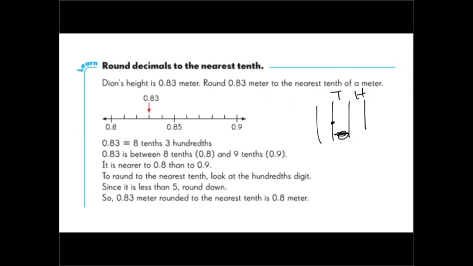We're going to round to the tenths place, so we need to look at the hundredths. In our number line, we can see just that. We're rounding to the nearest tenths place, so we have the 2 tenths that it's between. 83 hundredths has a 0.8 below and a 0.9 above. Here, right in the middle, is 0.85 or 85 hundredths. And we can see that 83 hundredths here is closer to 0.8.